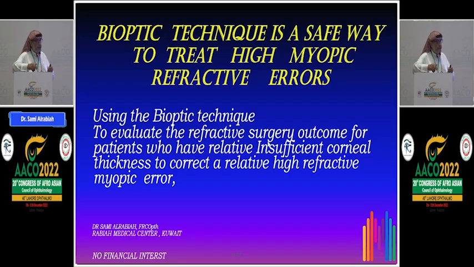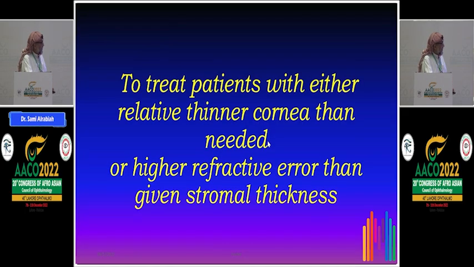On the contrary, if a patient has 4 diopters, but his cornea is only 460, maybe it is not enough. So bioptic is for when the treatment needed is higher than the tissue available. So this is to treat patients with either a relatively thinner cornea than needed or a higher refractive error than the given stromal thickness.